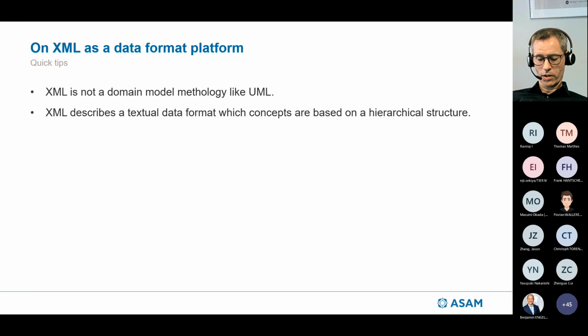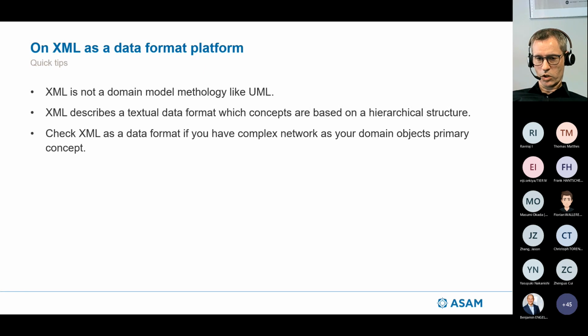I know that XML is very good to read and very common, and it's very popular to take XML as a format just because everyone knows it. There is no knowledge needed. Tools are available, so that's perfect. But we have to have in mind that XML describes a textual format which describes hierarchical structure.